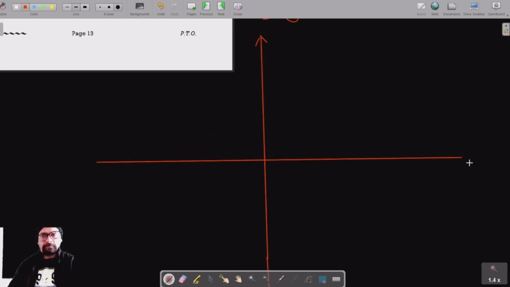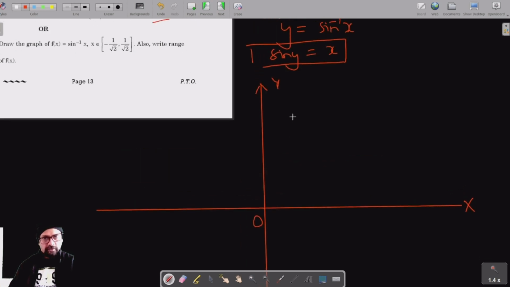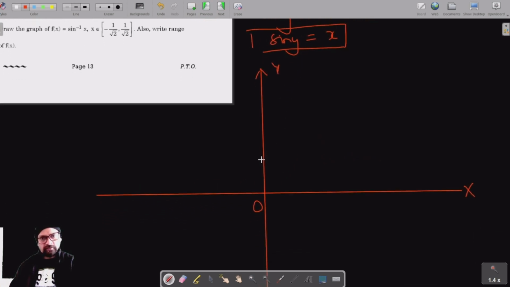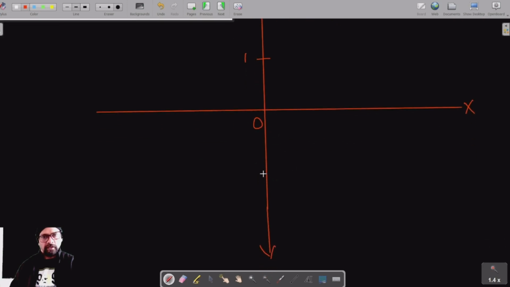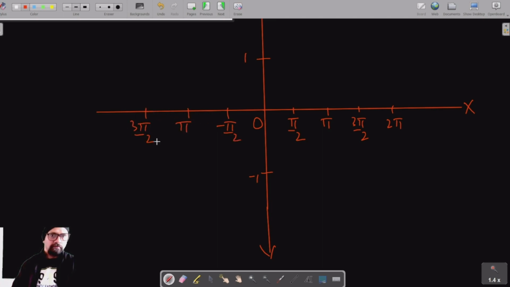Our numerical value is on the y-axis, so the maximum value is 1 and the minimum is -1. So this is 0, and the angles are 0, pi by 2, pi, 3 pi by 2 and 2 pi. On this side it's negative pi by 2, negative pi, negative 3 pi by 2 and negative 2 pi.